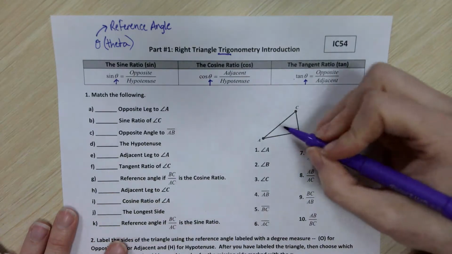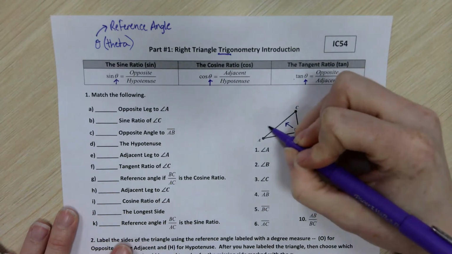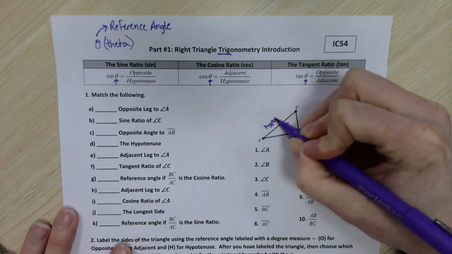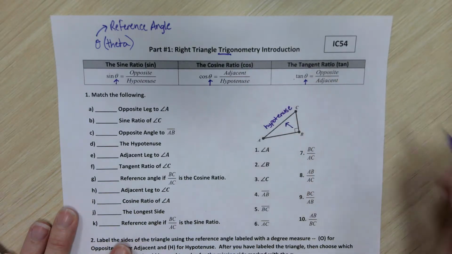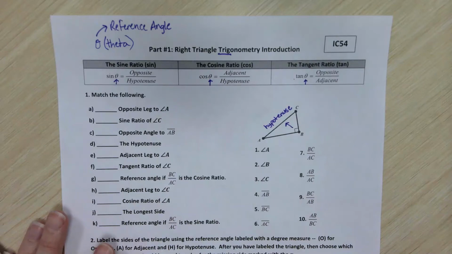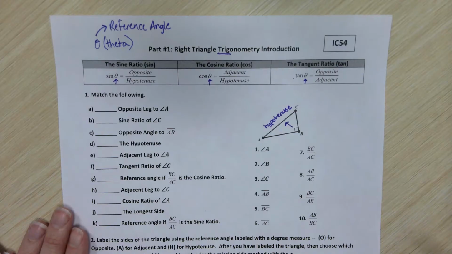We know that the hypotenuse is always across from the right angle. So that terminology should be familiar to you from our Pythagorean theorem days or from our congruent triangle HL hypotenuse leg days. But the others, opposite and adjacent, will depend on which angle of the triangle is our reference angle.